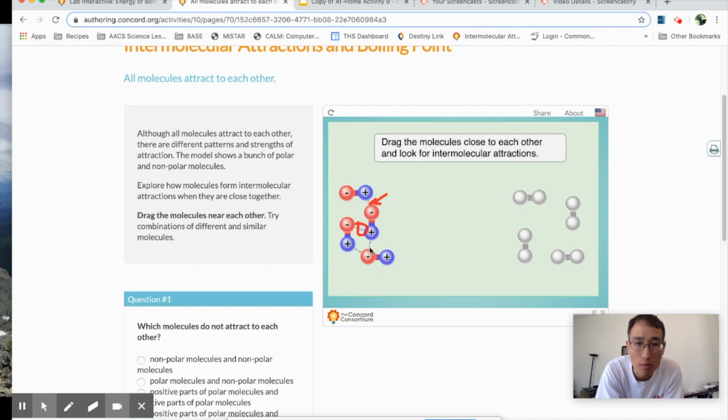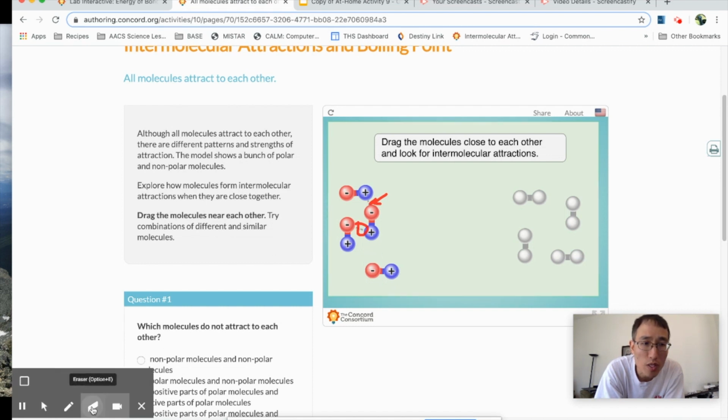So this is kind of like a water molecule right here. Water molecules have plus and minus sides to them, and it's like two magnets, and you put them together, and you can feel them pulling together. Okay, when I pull them apart, it now has less attractions.